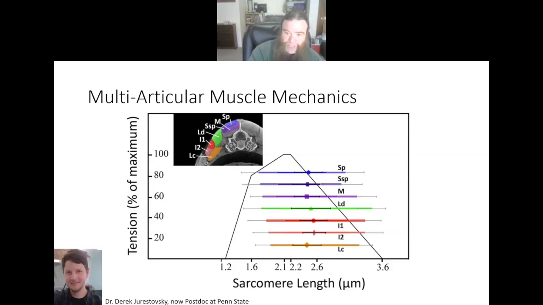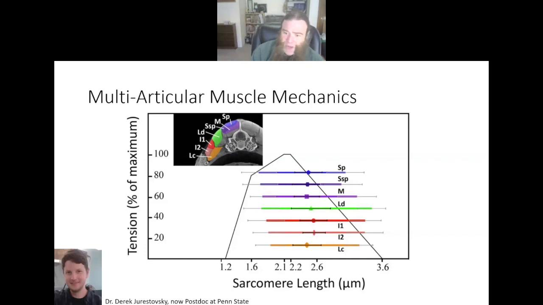And we looked at the sarcomere length of snake muscles across a huge number of snake muscles and a size range of snakes, and found this weird consistency where they're all on the descending limb. They're at the straight configuration. So when the body is straight, that's where these little symbols are, and the ends of the color bars are where it's at maximum bending left or right.